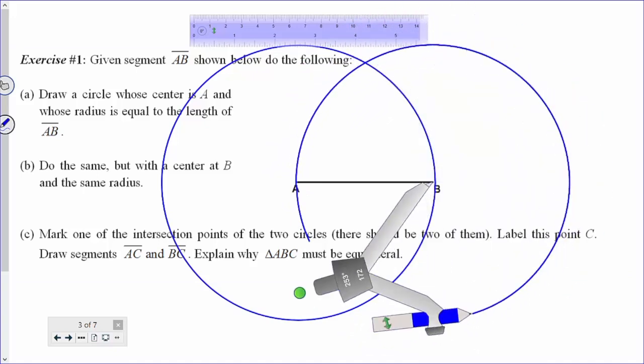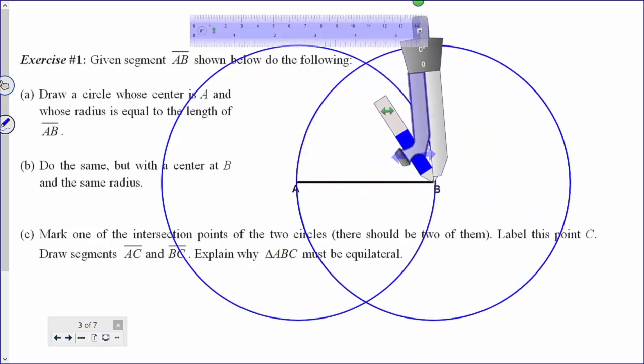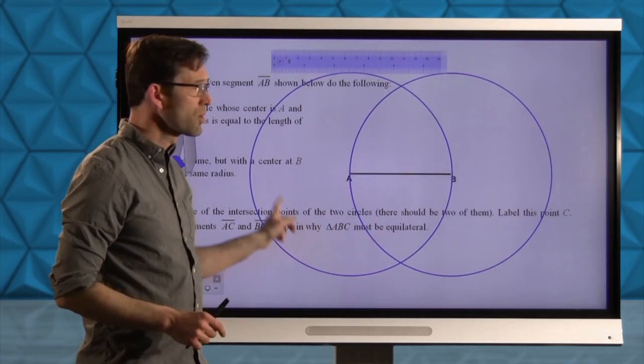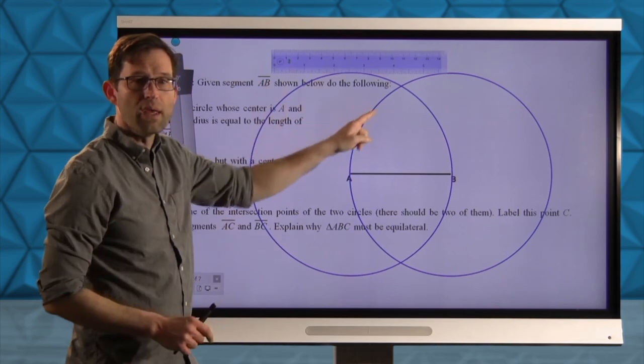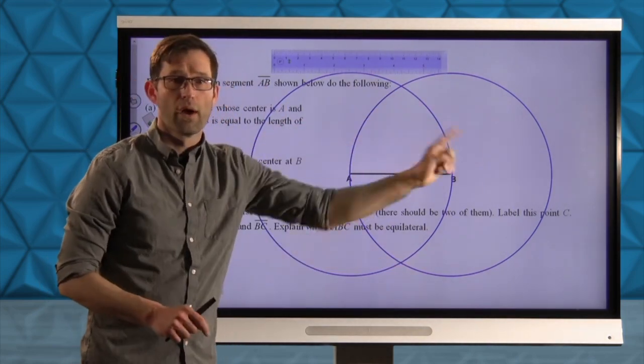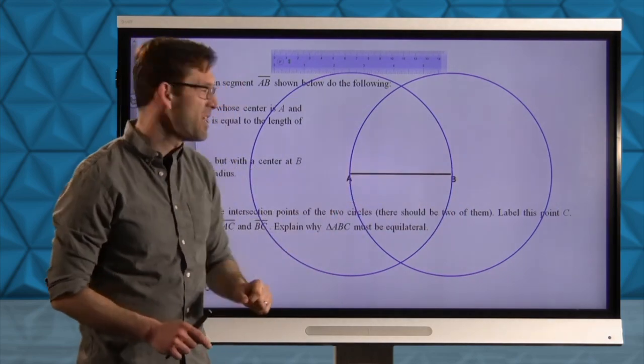But I'll draw my circle around like that, collapse my compass some, and put it off to the side. Now, keep in mind again, all the points on this circle lie a distance of AB away from A, and all the points on this circle, wherever that circle is, lie a distance of AB away from B.